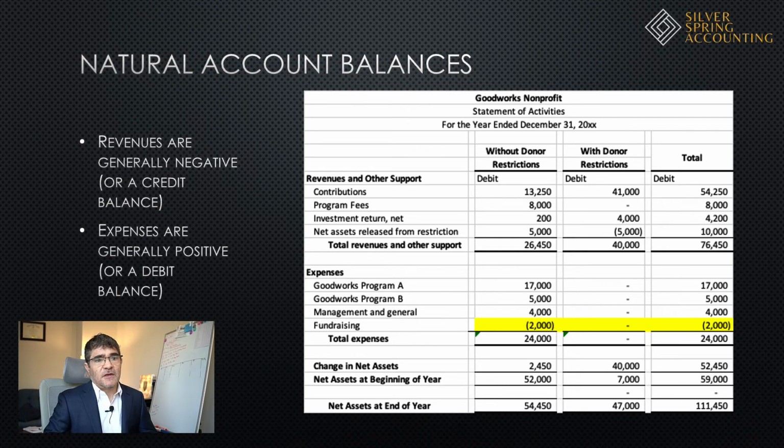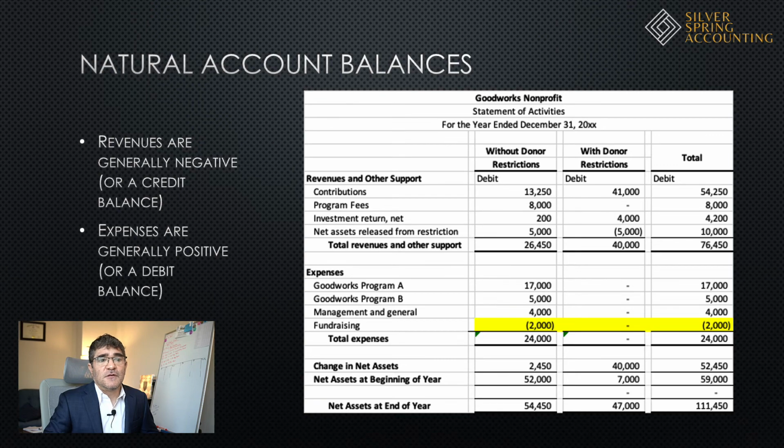So what could this be? Again, we would want to dig into this and see. Maybe we received some sort of a refund, and that refund had no expense to go after because we'd already closed our books, so we couldn't credit that expense, so we ended up with a negative balance in the fundraising expense.